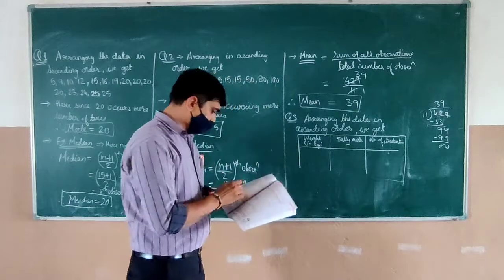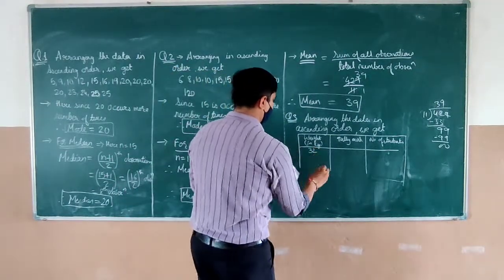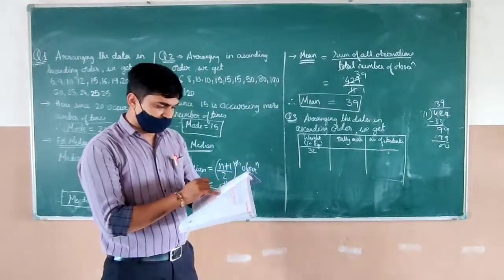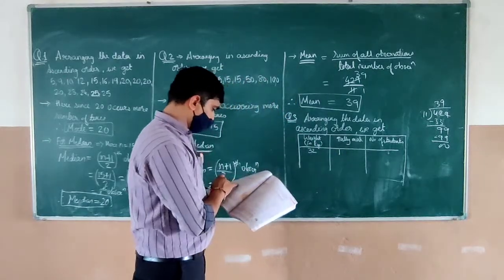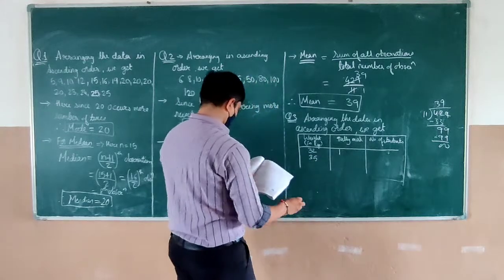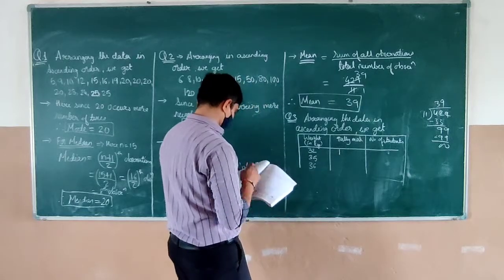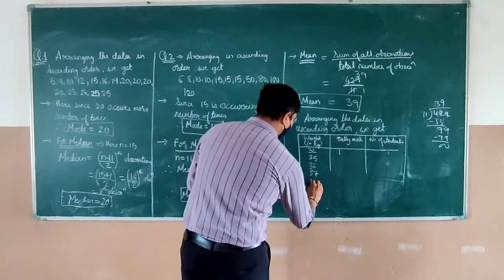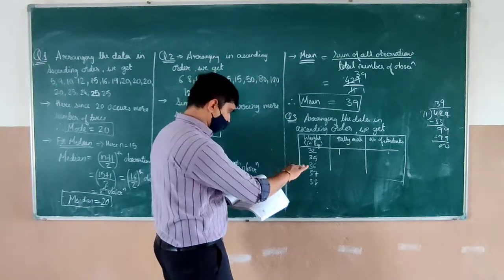Which is the smallest number here? 32. 32 is coming how many times? One time only. So the tally mark is 1. Then which number? 35. After 35, 36. Then 37 is there? Yes, 37. Then 38 is there? We will look at that afterwards. You give me the numbers only.